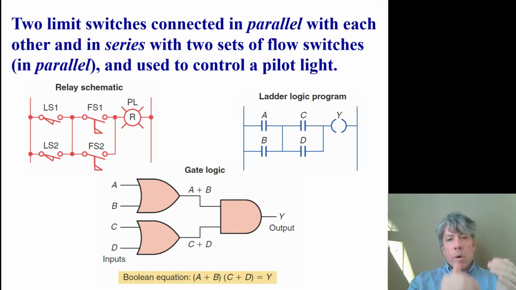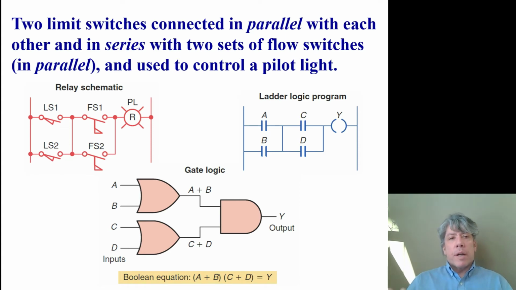The A or B is ANDed with C or D. So that AND gate on the right represents the fact that A or B is ANDed with C or D to produce the output Y. In our Boolean equation, A gets ORed with B first, and the result is ANDed with the result of C or D to produce Y.